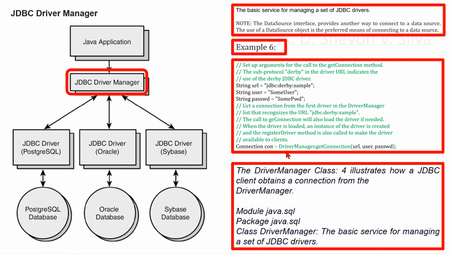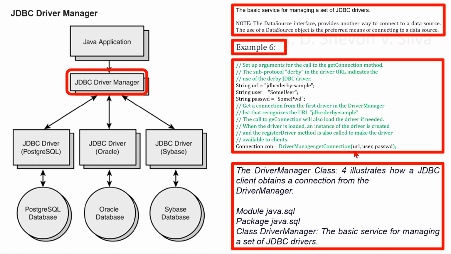Here is the loading of a driver and getting a connection using DriverManager. The DriverManager class also provides two other getConnection methods. getConnection(String URL) is for connecting to data sources that do not use username and password. getConnection(String URL, java.util.Properties prop) allows a client to connect using a set of properties describing the username and password along with any additional information that may be required.